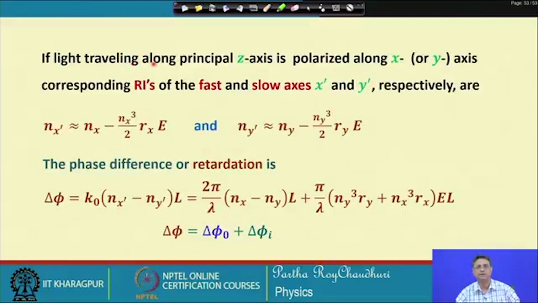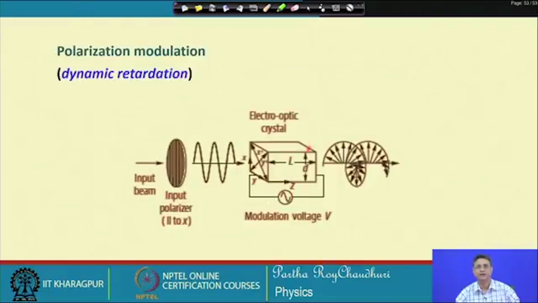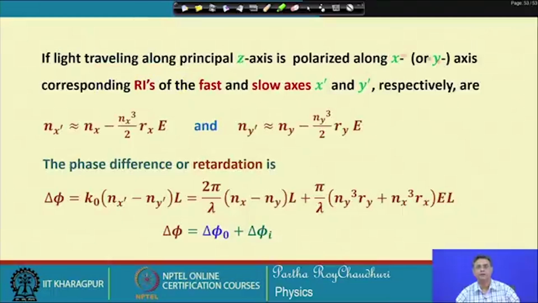So, if light is travelling along the principal z axis and is polarized along the x or y axis, the corresponding refractive indices of the fast and slow axes will be represented by x prime and y prime, and these are the values associated with these new refractive indices, which are voltage dependent, electric field dependent refractive indices.